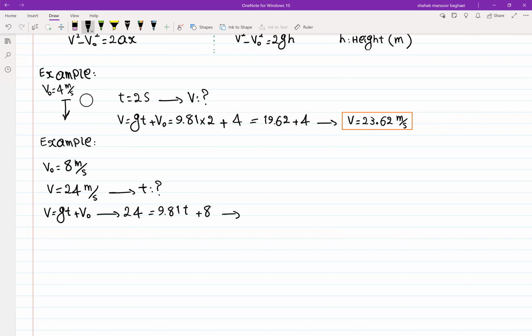Therefore, 9.81 t equals 16. Therefore, t is 16 over 9.81, which is 1.63 seconds. Answer of the question.